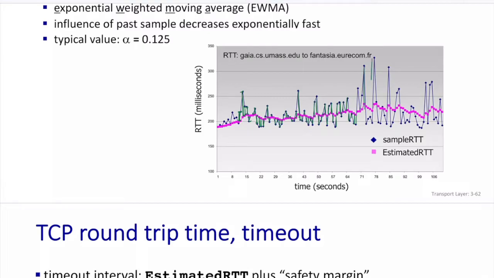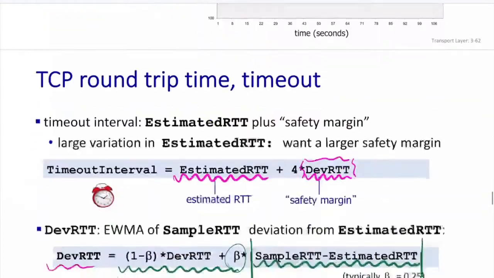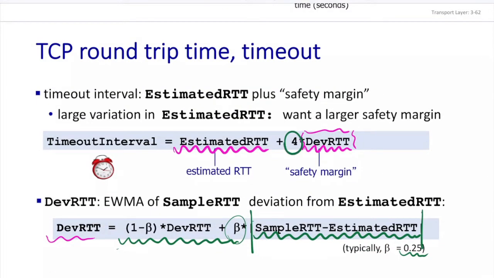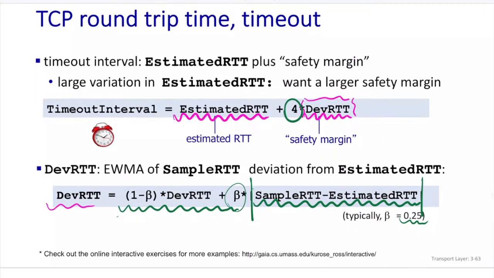So we have a lot of errors that can be calculated from here. And then we give it 4 times DevRTT, which makes it a safety margin, so that we use this value as the timeout interval.